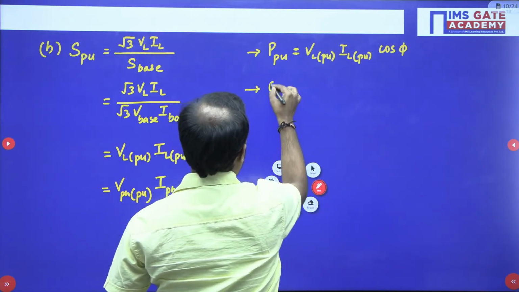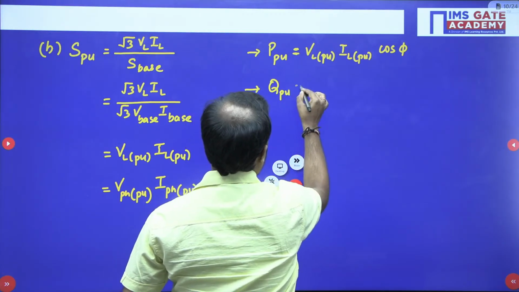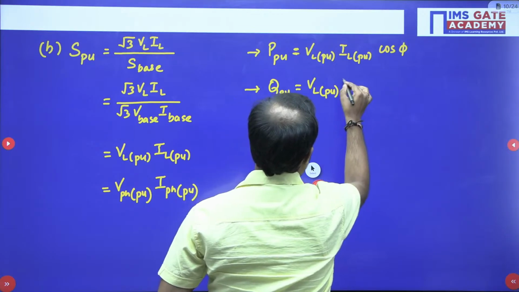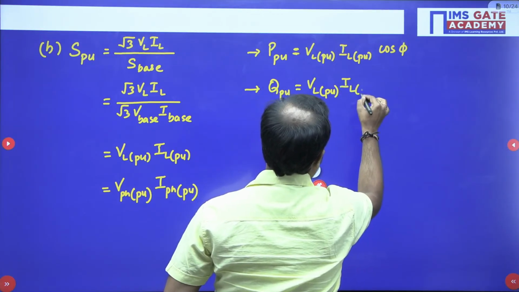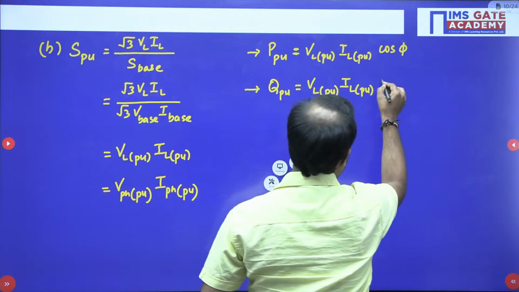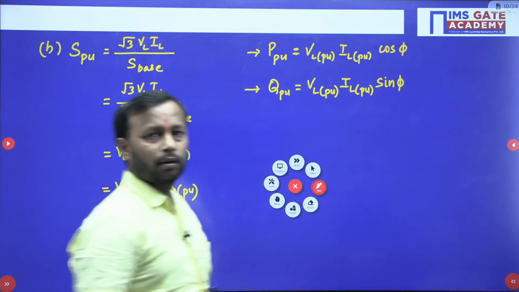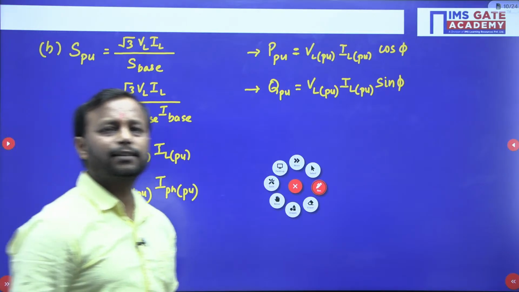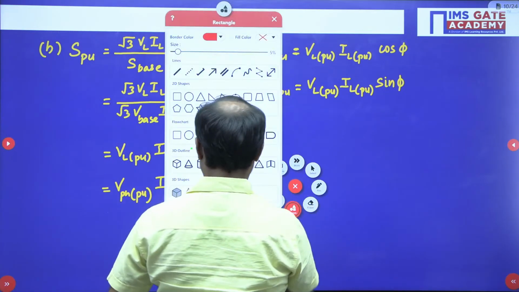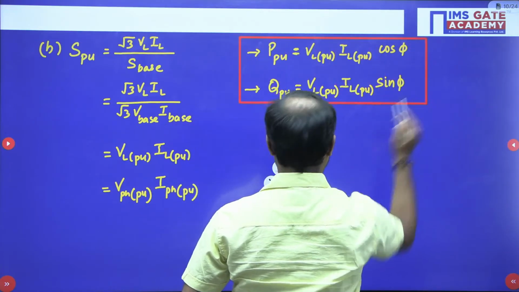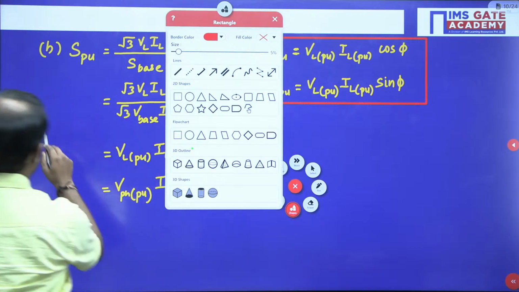Similarly, what about reactive power in per unit? It will be VL per unit IL per unit into sin phi. Any doubt in this? Clear? So let me box these two formulas as well, this one and here as well.